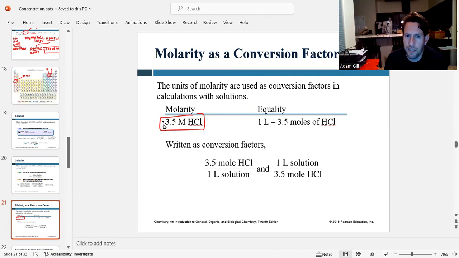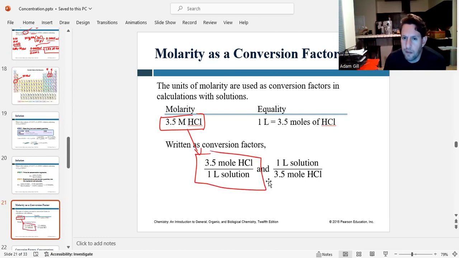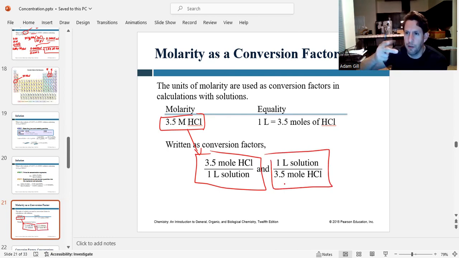So if you see it written like this, you need to be able to express it as a fraction. And you can express it this way or that way, depending on the situation that you need. But be able to convert this to a fraction. If you see the capital M, it means moles per liter.